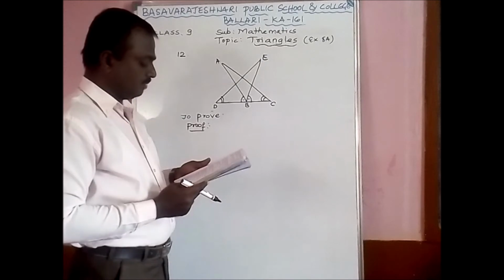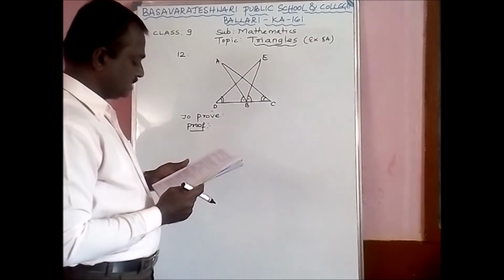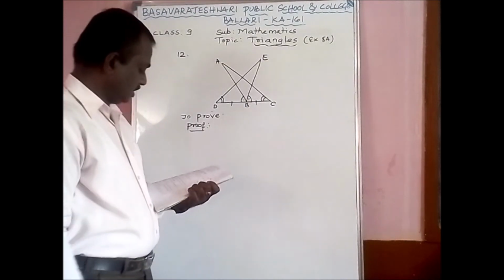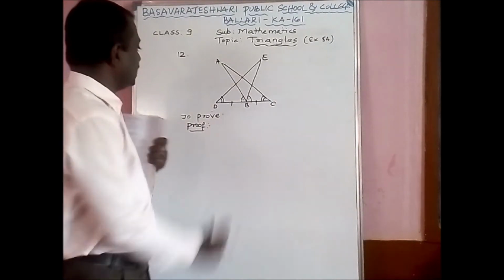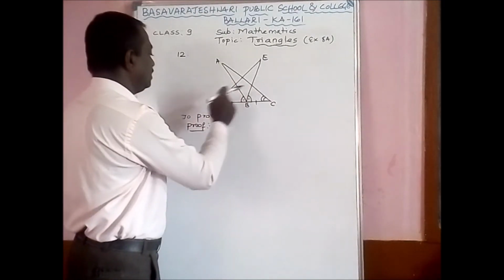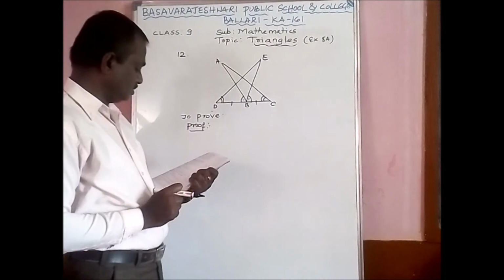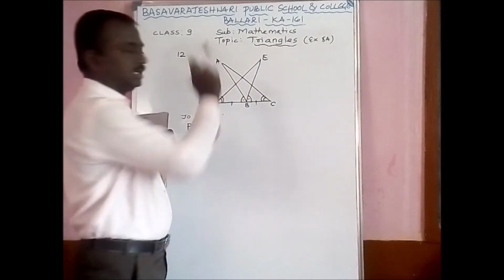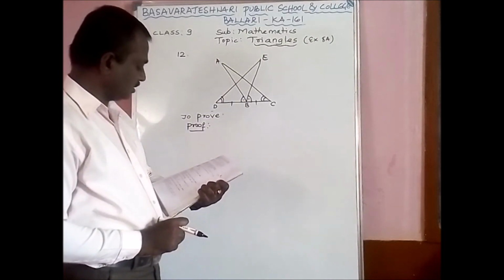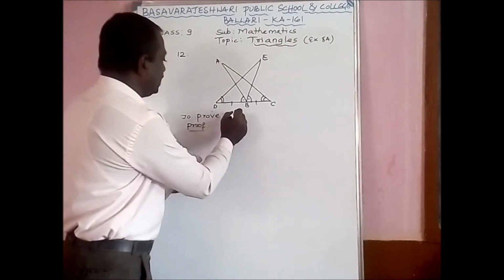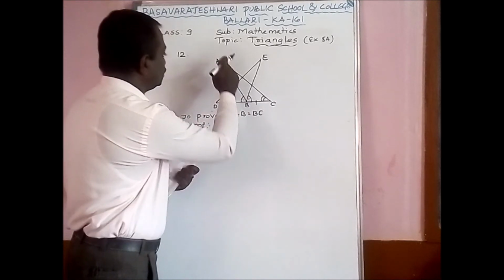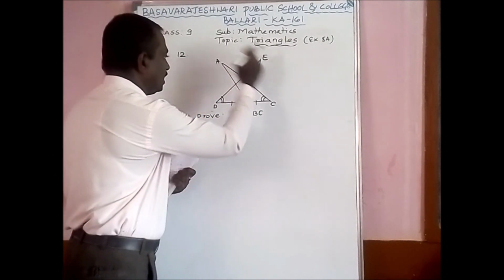Next they are saying BD is equal to BC. BD and BC are equal. Next they are saying angle ACB is equal to angle EDB. So these two angles are also equal. Prove that AB is equal to BE. So these two sides AB and BE we have to prove equal.